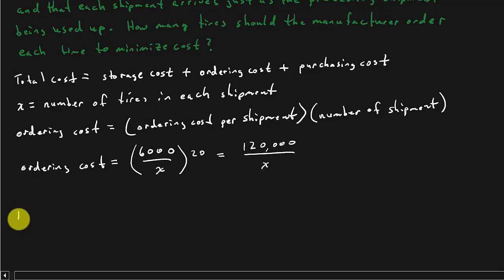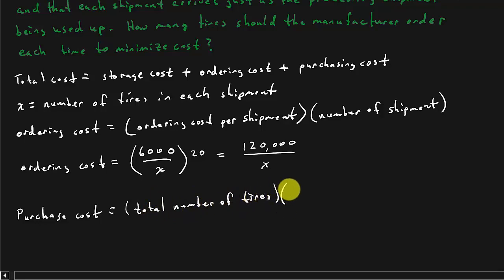Now we need the purchase cost. Well, the purchase cost is the total number of tires times cost per tire, right?